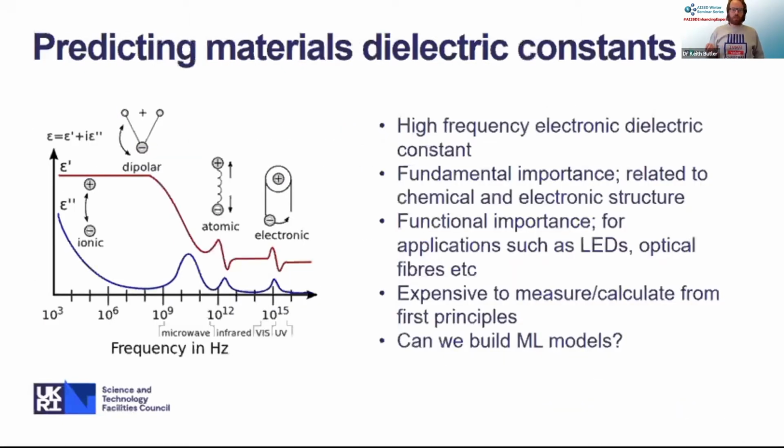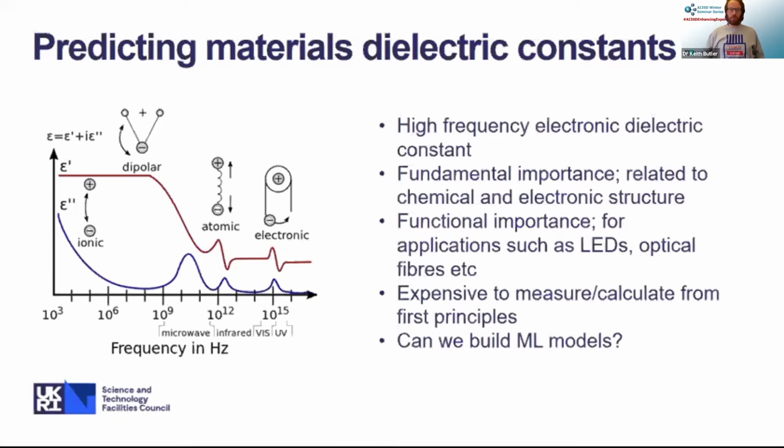The example I'm going to show is some work that I've been doing with the group of Professor Aron Walsh at Imperial College, and particularly this is led by Kazuki Morita, who's a PhD student there. This is work where we're building models to predict dielectric constants.